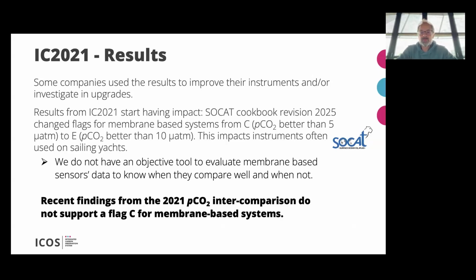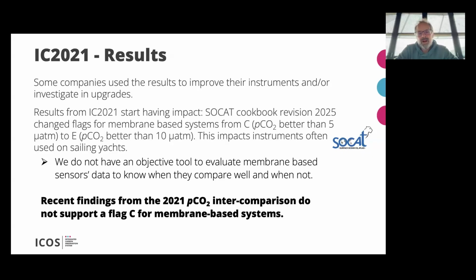The so-called cookbook revision from last year changed the flags for membrane-based systems. They normally could get a flag of C, but SOCAT decided that membrane-based systems cannot get a flag better than E, so better than 10 microatmospheres. The reason is that the results from the intercomparison show that we do not have an objective tool to evaluate the membrane-based sensors, to know when they compare well and when not.